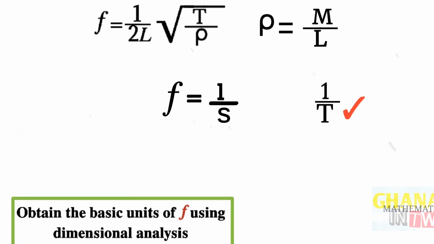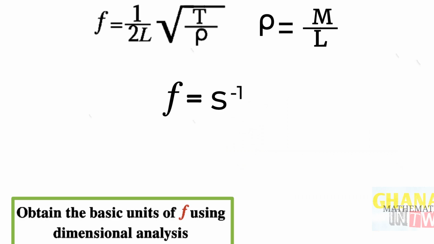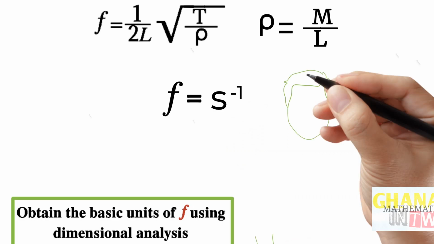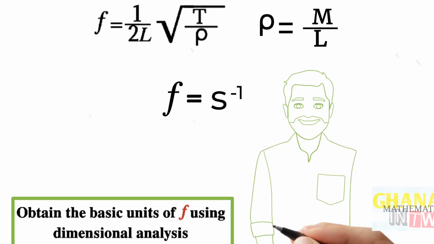So we have obtained the basic units of F using dimensional analysis. So 1 over S is S raised to the power negative 1. Now the work is done.